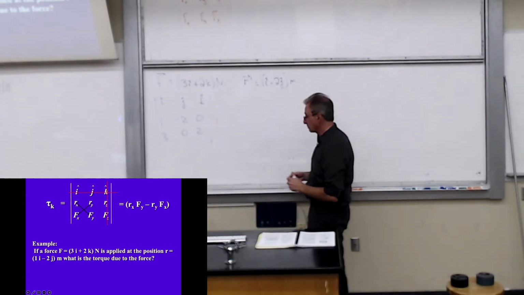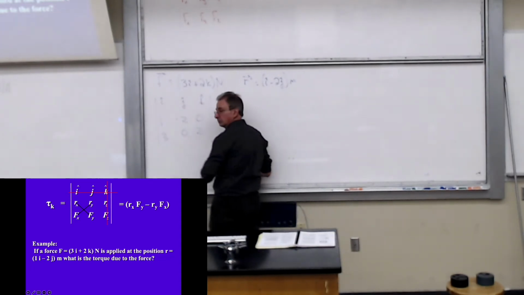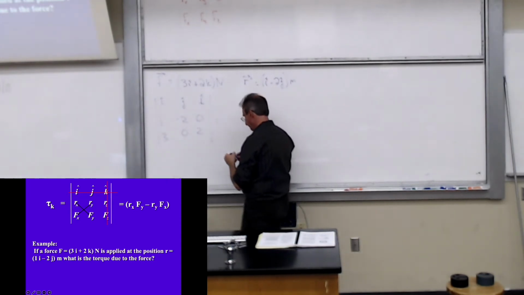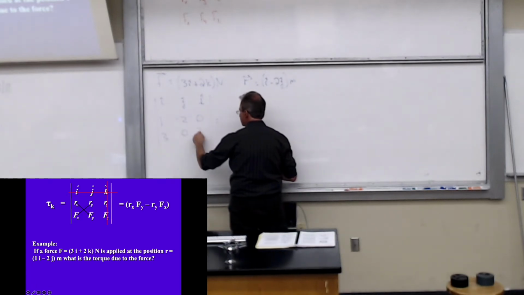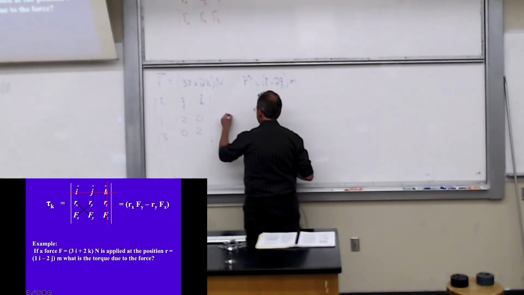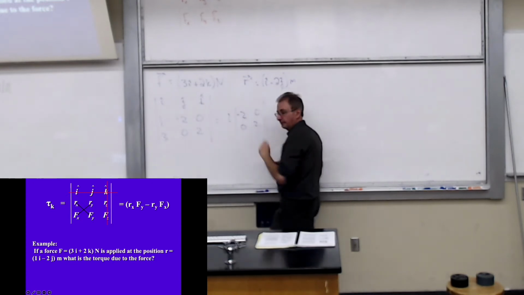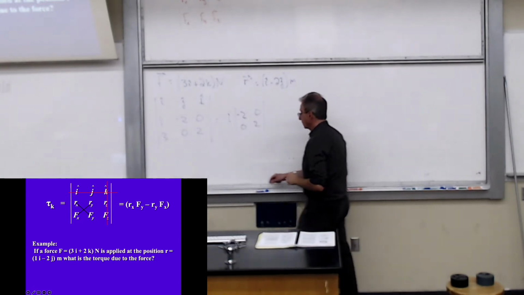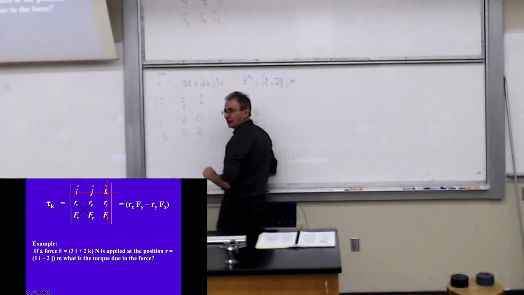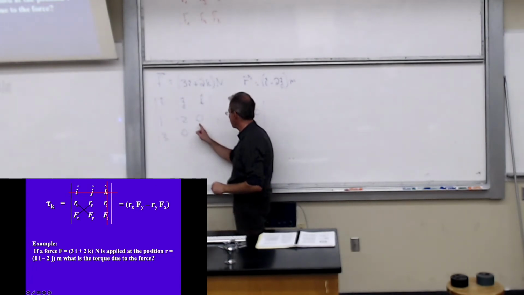Remember, the way we do this by components, we have to cross out the top row. If you want the x component, cross out the top row and the first column, and then you take this times this minus that times that. For the middle, the j component or y component, cross out the top row and the middle column, and you do 1 times 2 minus 3 times 0.